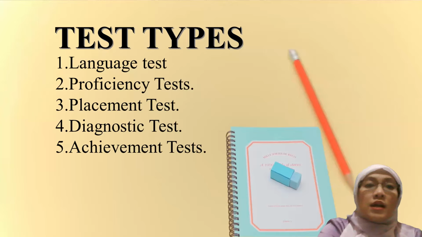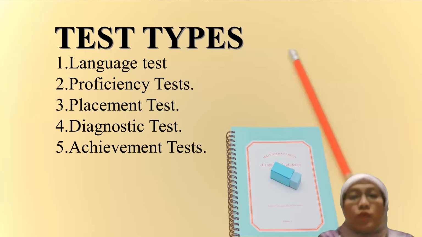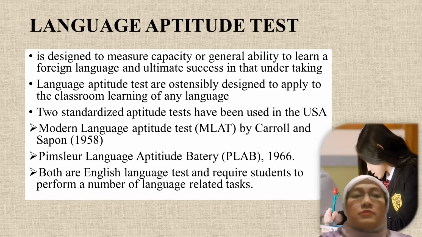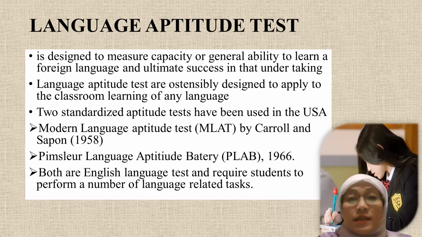Let's start with language aptitude test. What is language aptitude? A language aptitude test is designed to measure the capacity or general ability to learn a foreign language and ultimate success in that undertaking.